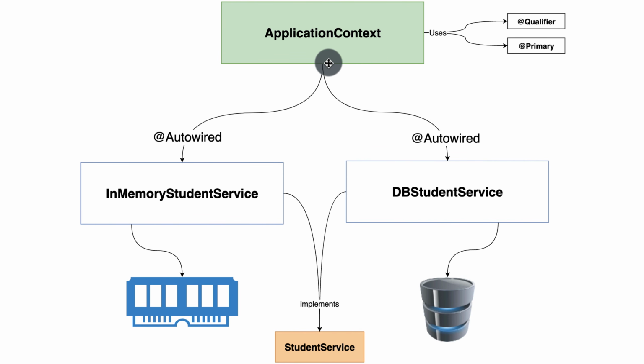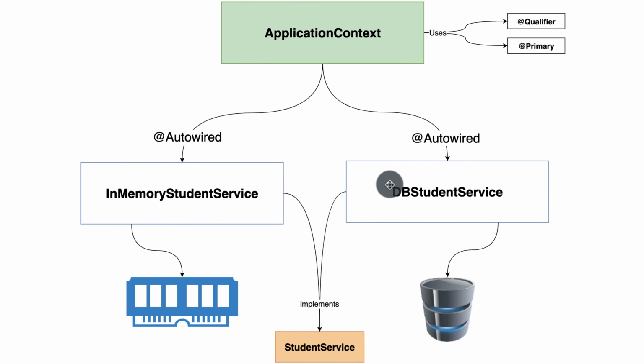Now, in order to tell Spring which service to use when it deals with dependency injection, we have two options. The first one, we need to use the keyword qualifier, or we can make one of these services a primary.